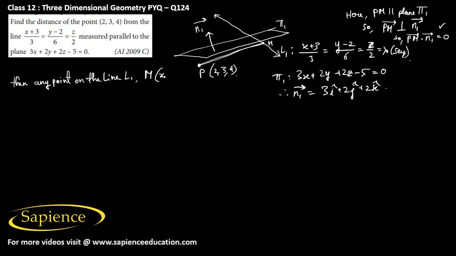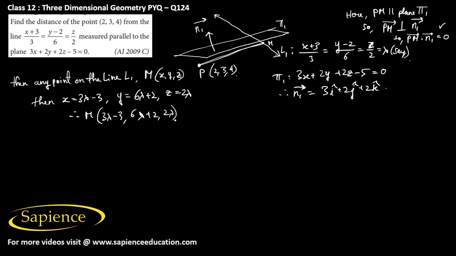if x, y, z is the coordinates of the point M, then we can tell that x will be equal to 3 lambda minus 3 and y will be equal to 6 lambda plus 2 and z will be equal to 2 lambda. Therefore, the coordinates of the point M will be (3 lambda - 3, 6 lambda + 2, 2 lambda).